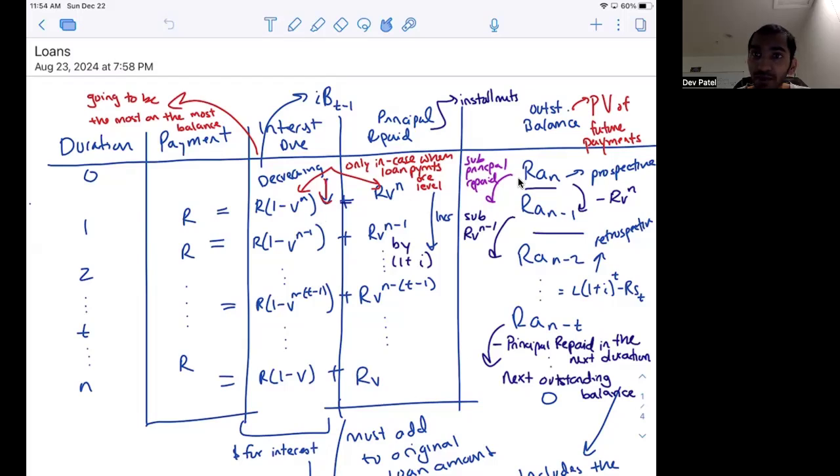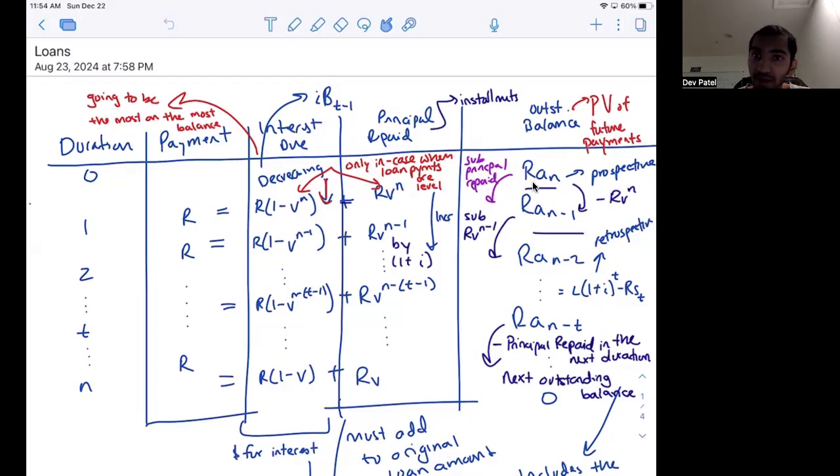Another thing that will always hold true is how to get from one outstanding balance to the next. To get from OB1, the outstanding balance at time period 1, to OB2, you subtract the principal repaid at that time step. So OB2 will equal OB1 minus the principal repaid at time period 1.